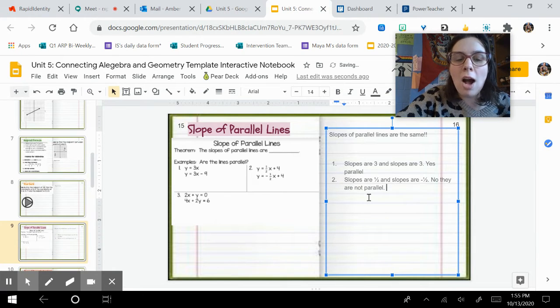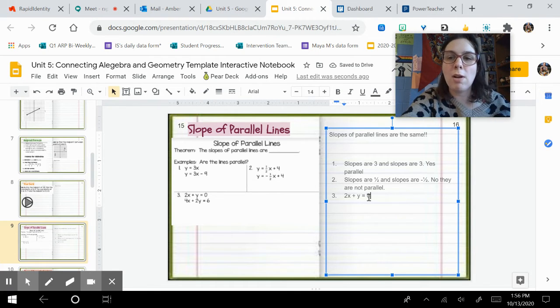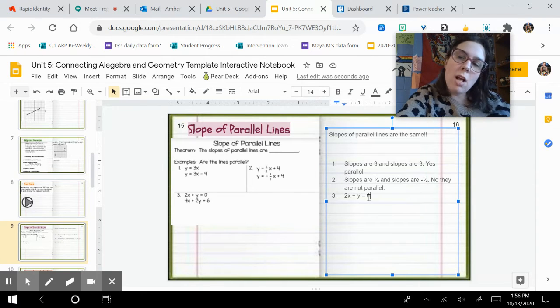Okay. And then on number 3, we have 2x plus y equals 0. So I want to review how to solve for y, and then you're going to finish it up and tell yourself, are they parallel or not? We can't tell if they're parallel because we don't know the slope yet. This is what's called standard form. To get the y by itself, we got to move the x.